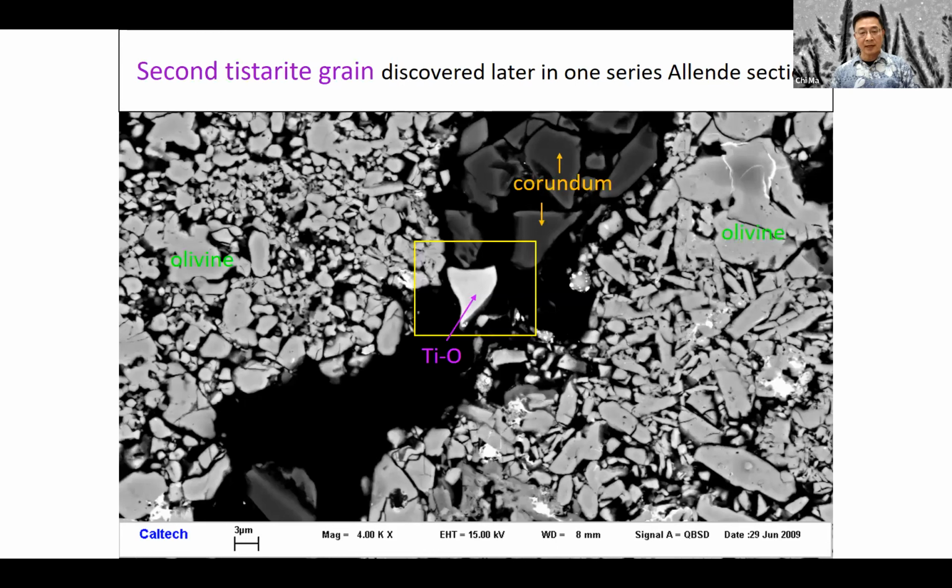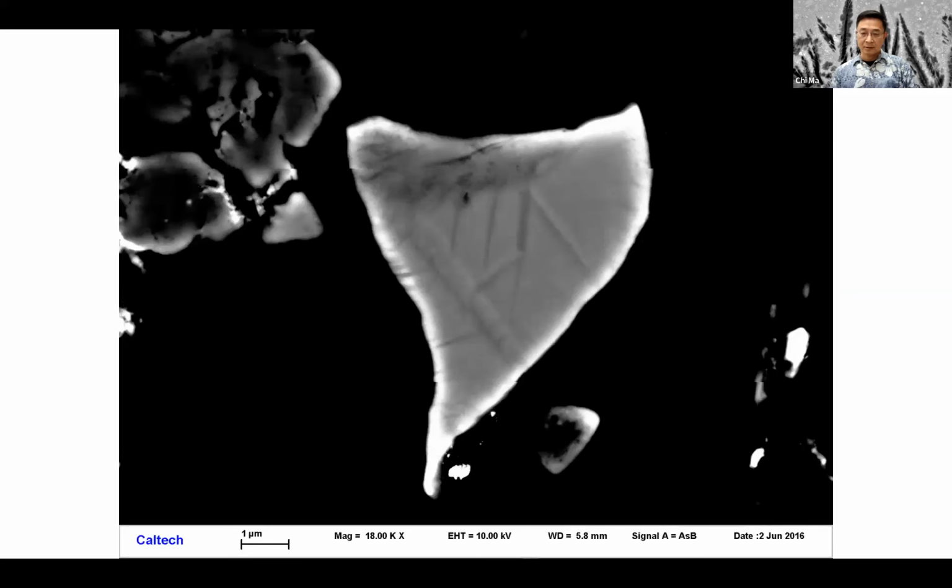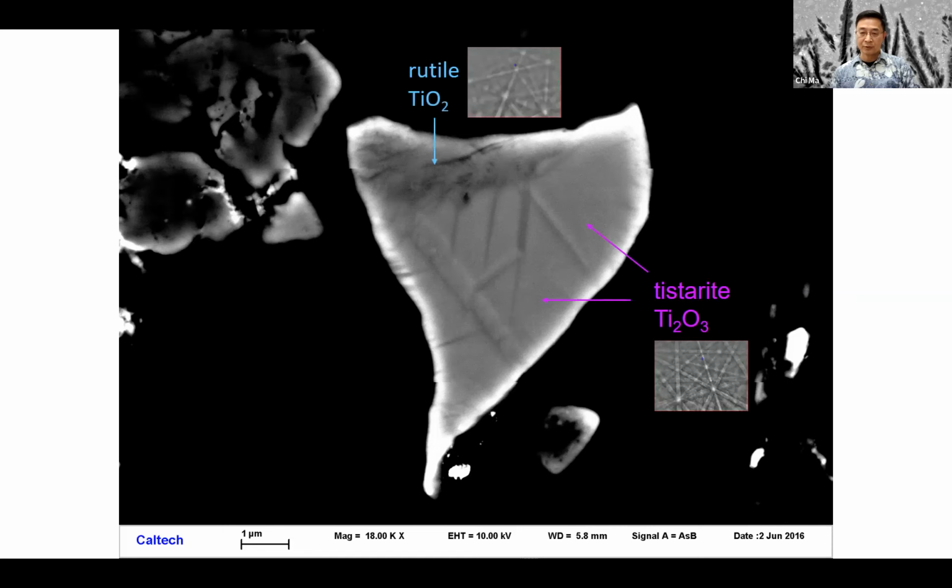So later, a second tistarite grain was discovered in another Allende section. Here, it's a titanium oxide grain. Now let's take a closer look at the grain. So the grain actually is showing some kind of contrast here. So the main region is tistarite. The dark region actually is rutile.